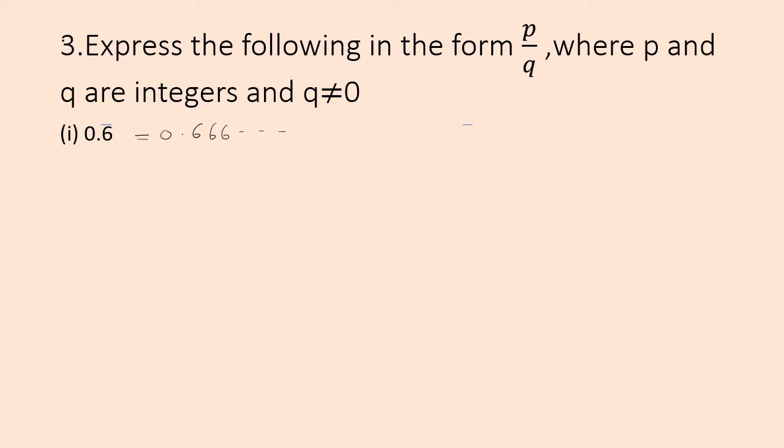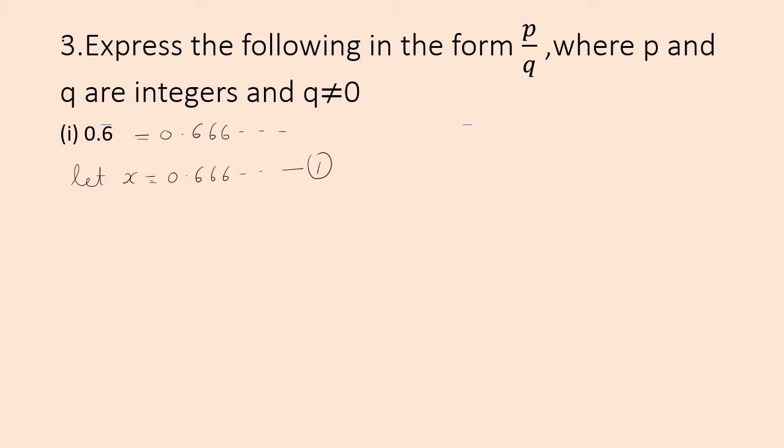Now, the first step you have to take is to let x equal the given decimal number, that is 0.666, etc. You number it as 1. Since one decimal place is repeating, you have to multiply equation 1 on both sides by 10.